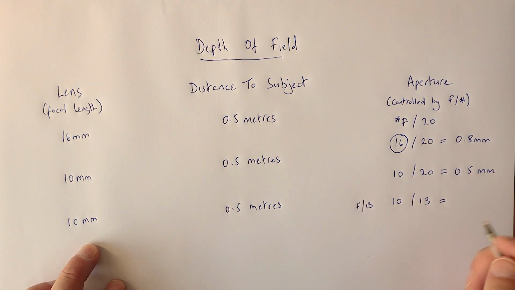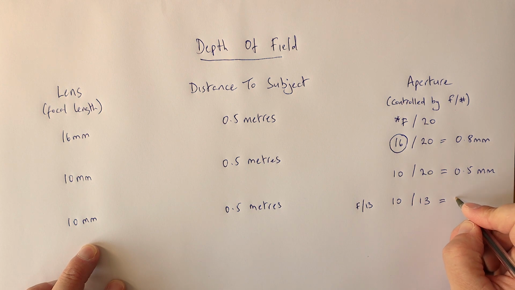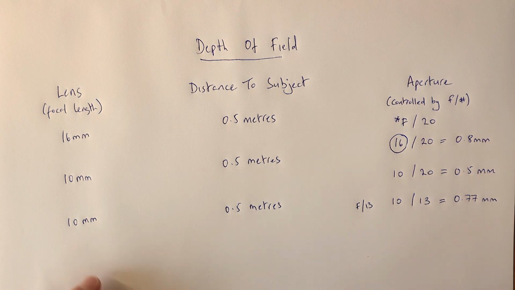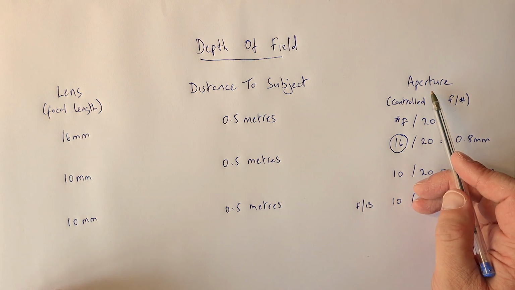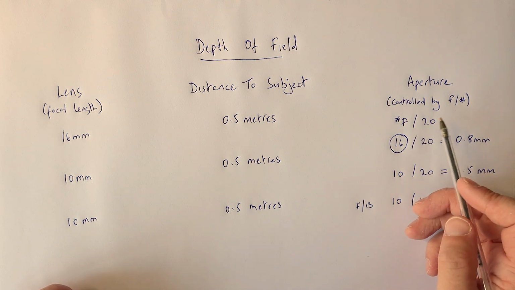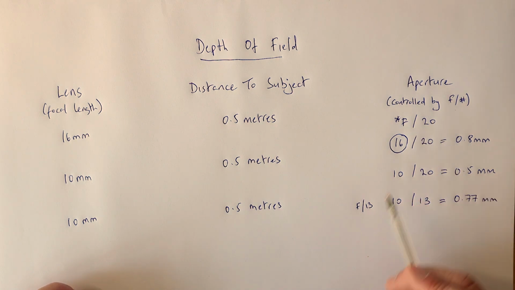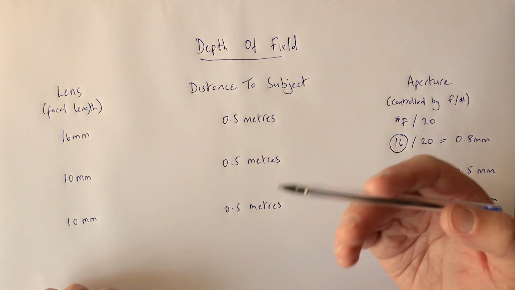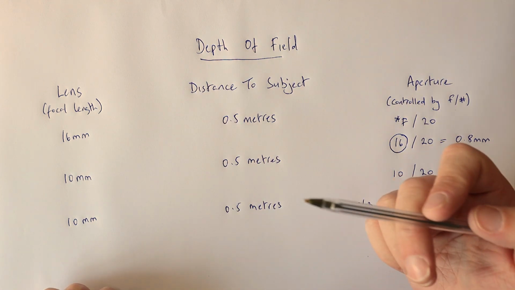We'll find that our diameter size of our aperture is 0.77 millimeters, which is as close as we can get to 0.8 millimeters. And so that becomes the equivalent aperture. So F13 lets in more light, because what the F numbers do is standardize the amount of light coming in. And that is why we can decrease our ISO. And it is important to understand, back to here, that focal lengths do not change depending on the sensor.